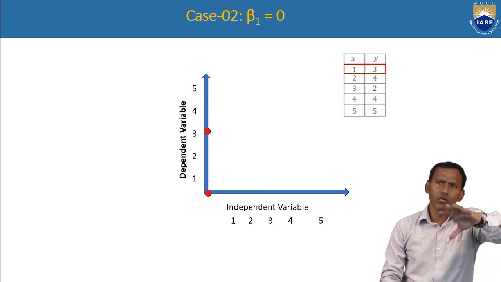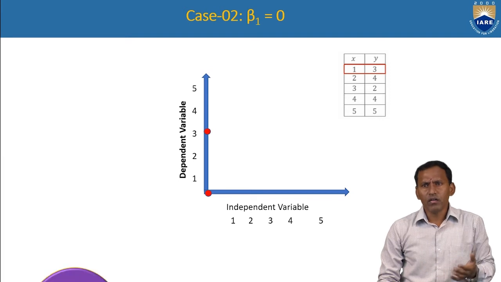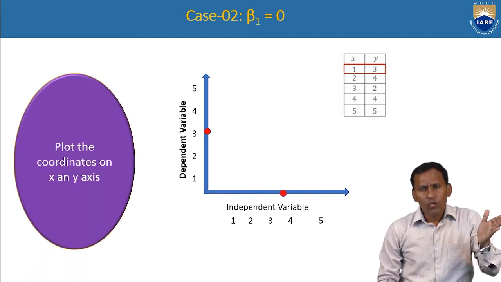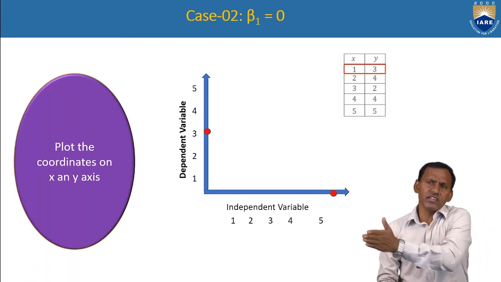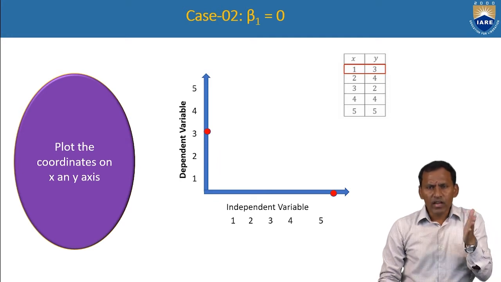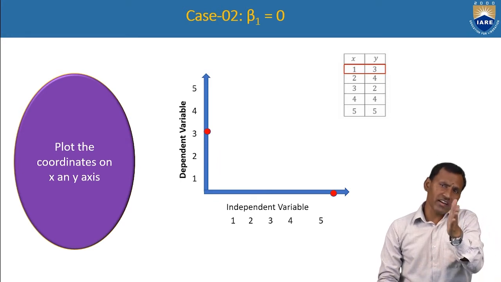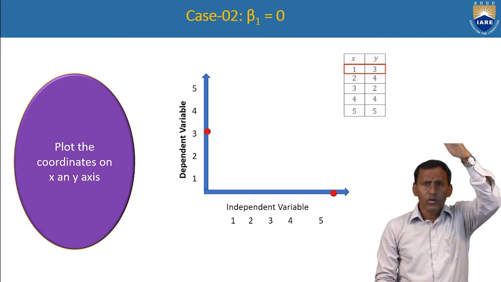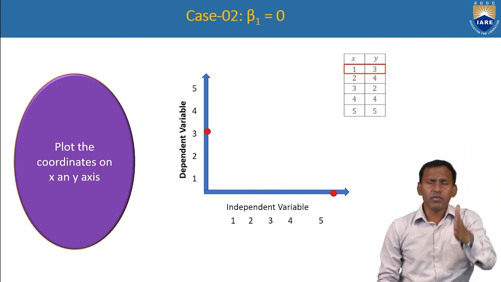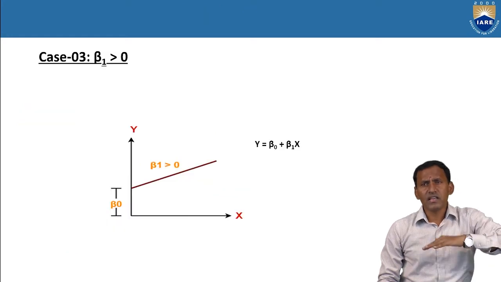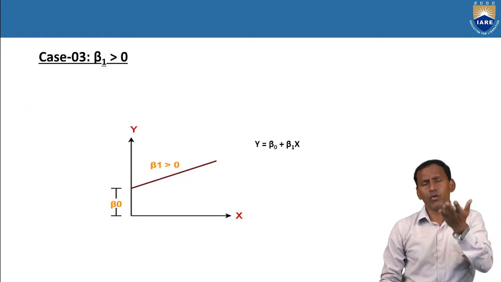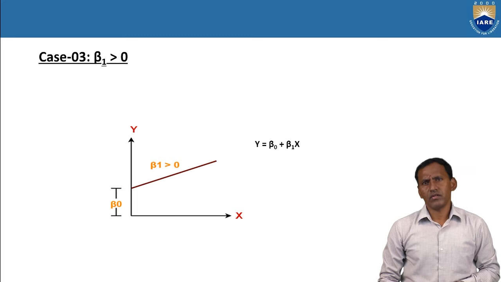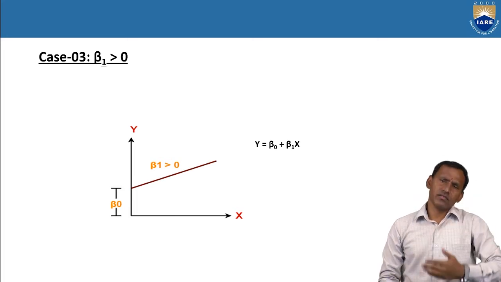Now coming to this case 2 here. Whenever x increases, I'll repeat, whenever the independent variable increases, automatically the dependent variable will decrease, a negative impact on the dependent variable. Now coming to the third case.